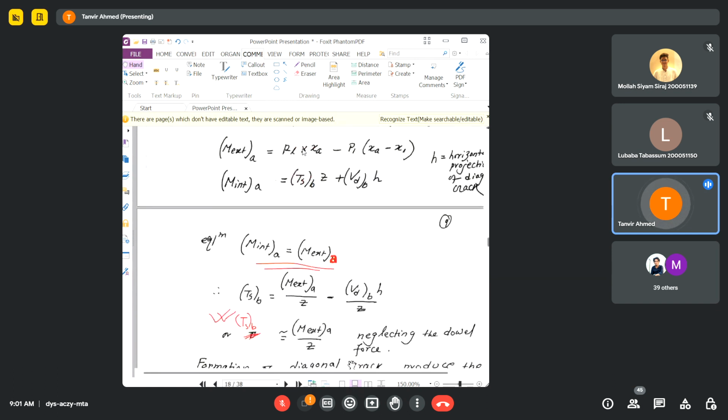We calculated the value of TSB to be M external at point A divided by Z. Okay, M external at point A divided by Z.